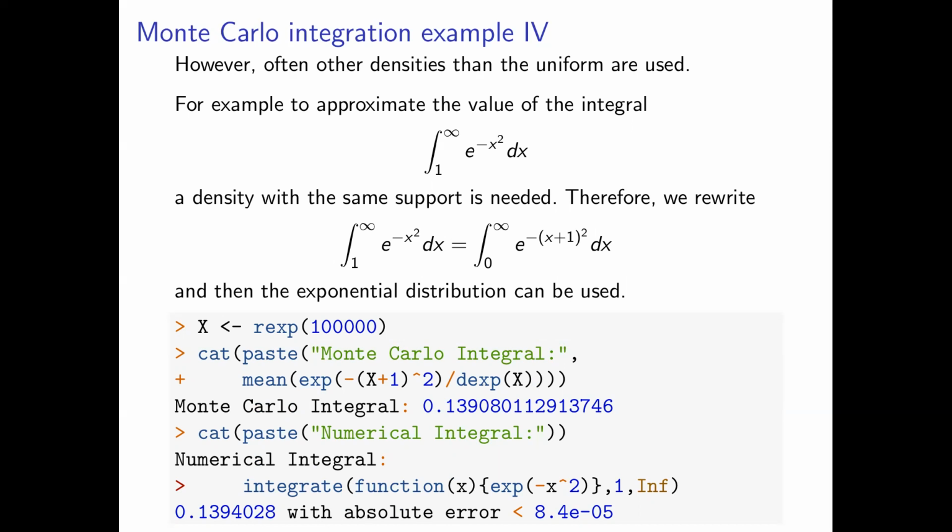A reasonable way of approaching this would be to say, well, e to the power of minus x squared is related to an exponential distribution in a way. So if I were transforming this integral to an e to the power of minus (x plus 1) squared, I would get a part in here which is similar by its definition to the exponential distribution.